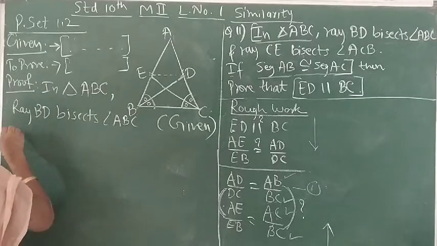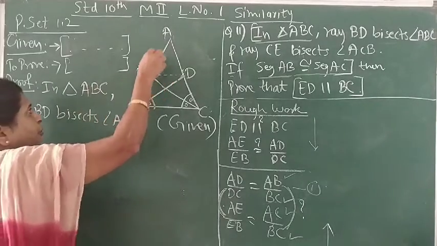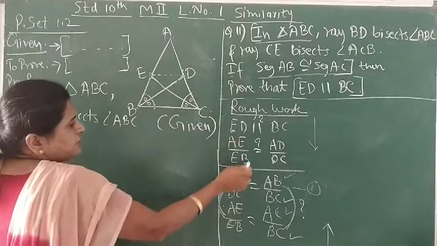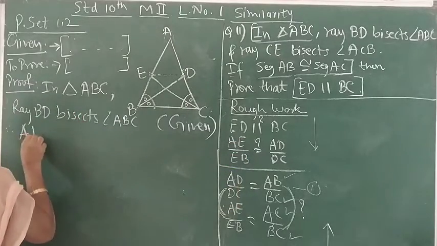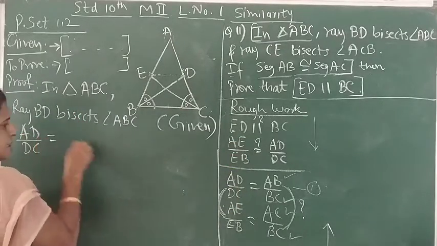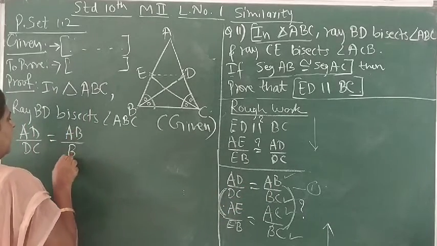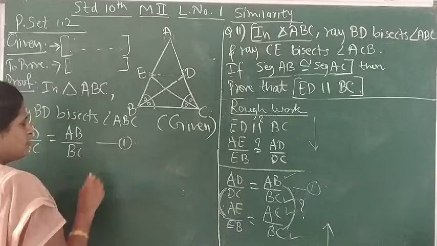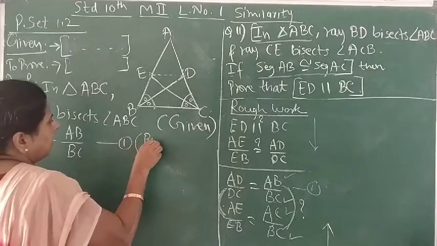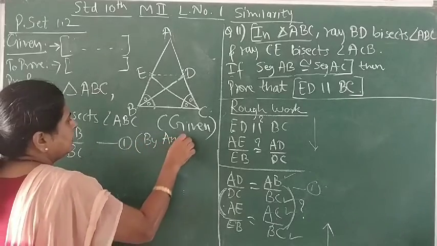Therefore, by angle bisector theorem, what we have to prove, AD upon DC, which we have written over here, so you can copy the same: AD upon DC is equal to AB upon BC. As we have to use this statement afterwards, we call it number 1, by angle bisector theorem.